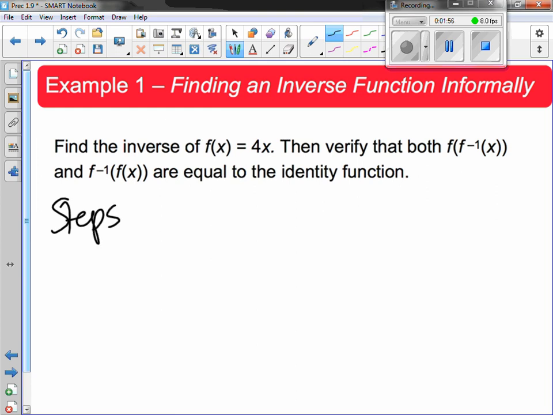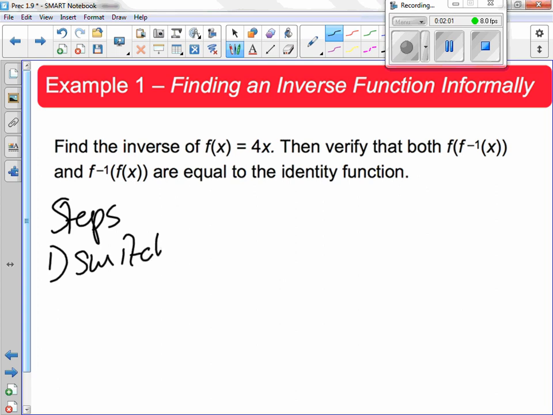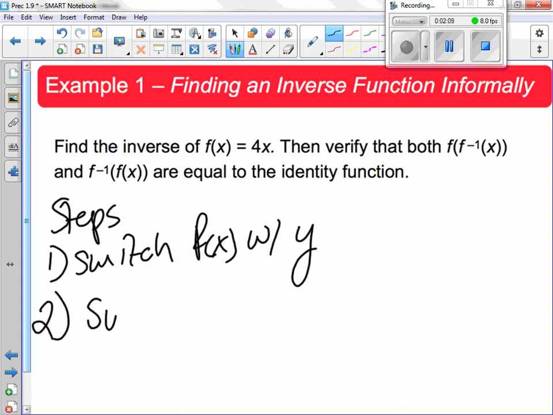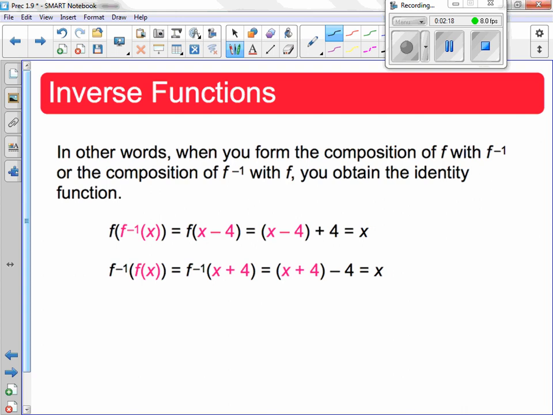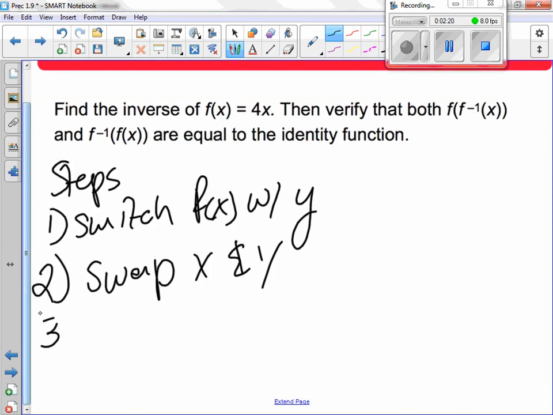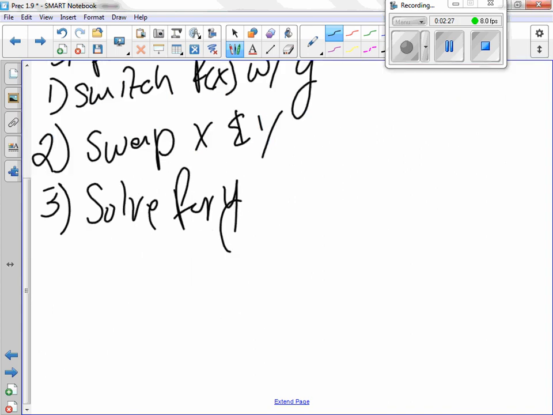There are some steps. Step number 1: switch f of x with y. 2: swap x and y. 3: solve for y.